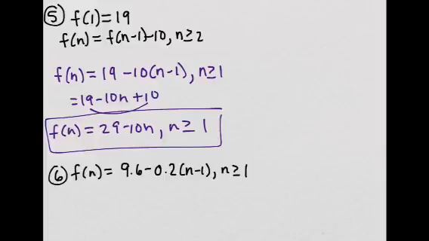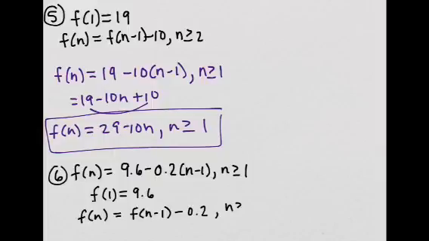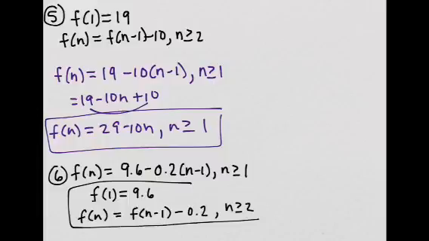Alright, so I'm going to write f of 1 equals 9.6, and then f of n is the previous term minus the difference. The difference is negative 0.2, and n is greater than or equal to... since n equals 1 is already on the first line, here we put 2. So these two combined make the recursive formula.